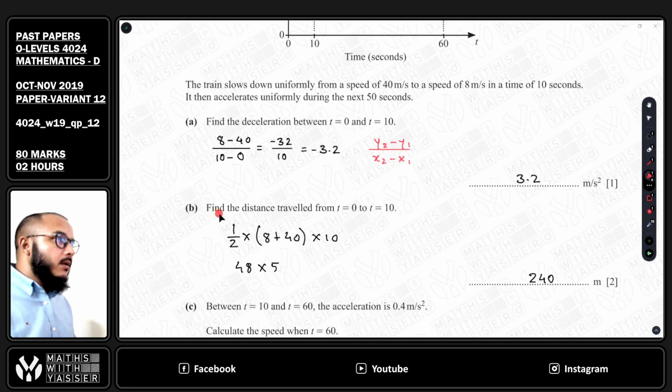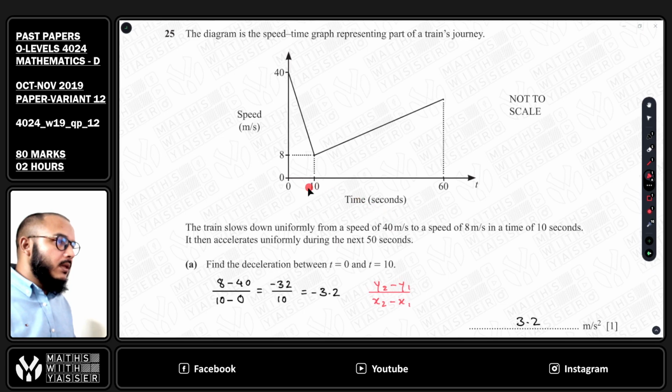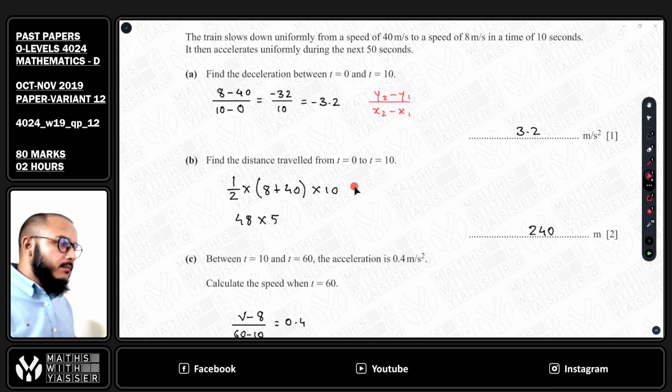Then it says, find the distance traveled from t equals 0 to t equals 10. So in order to find this, I have to use the area of the trapezium, and the area of the trapezium is half times a plus b times the distance between the two parallel sides.